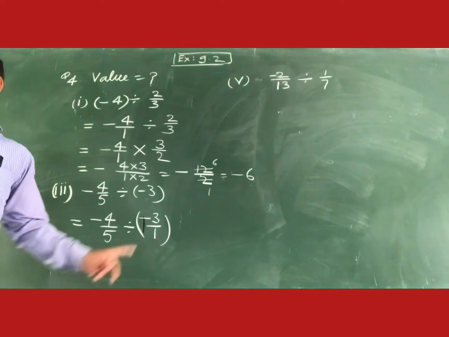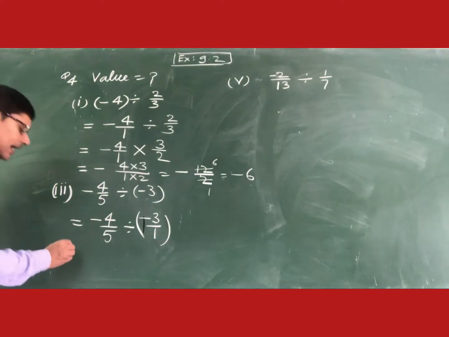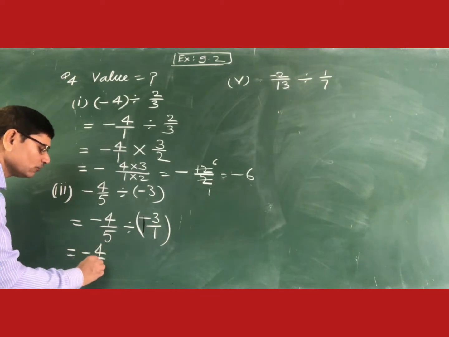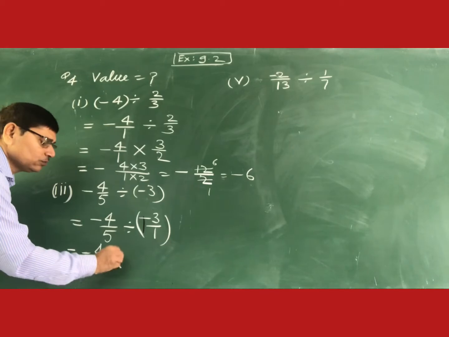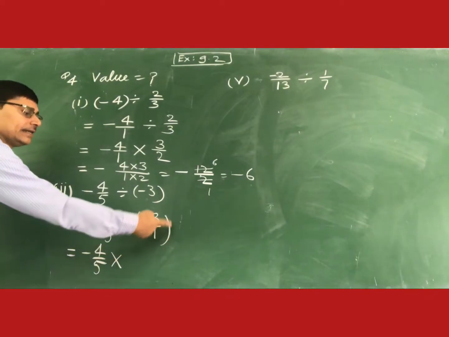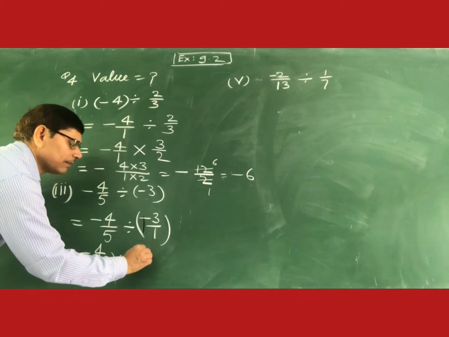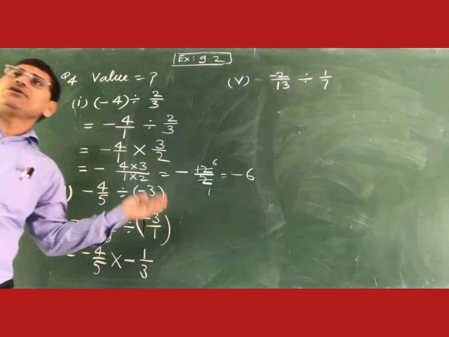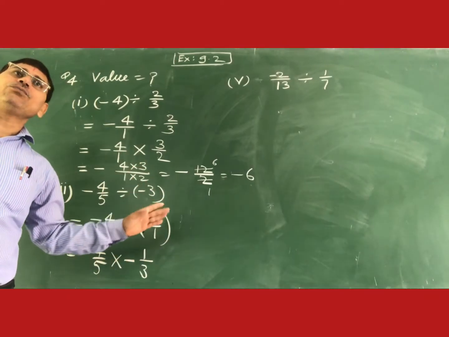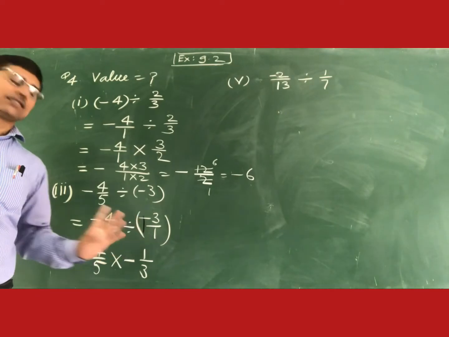What to do after this? You will write minus 4 upon 5 and then change this sign into multiplication and write the reciprocal of this, that is minus 1 upon 3. You will change only numerator to denominator, denominator to numerator. No need to change this sign. Sign is same to same, minus.